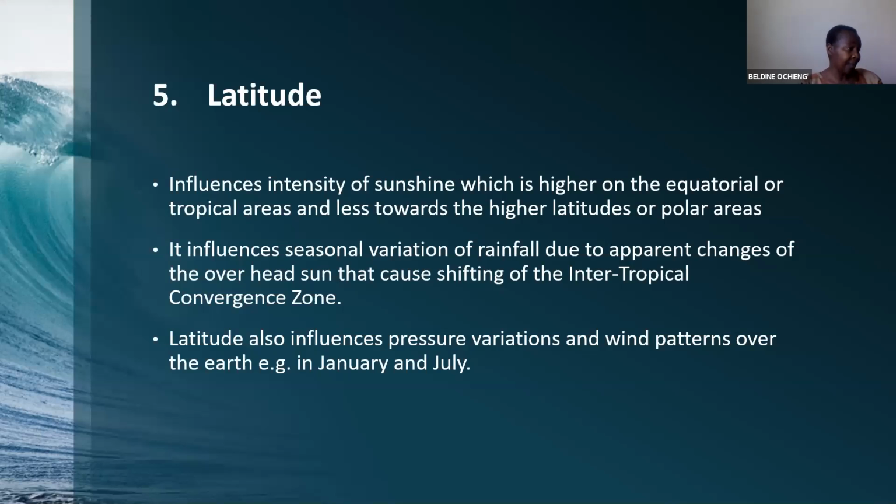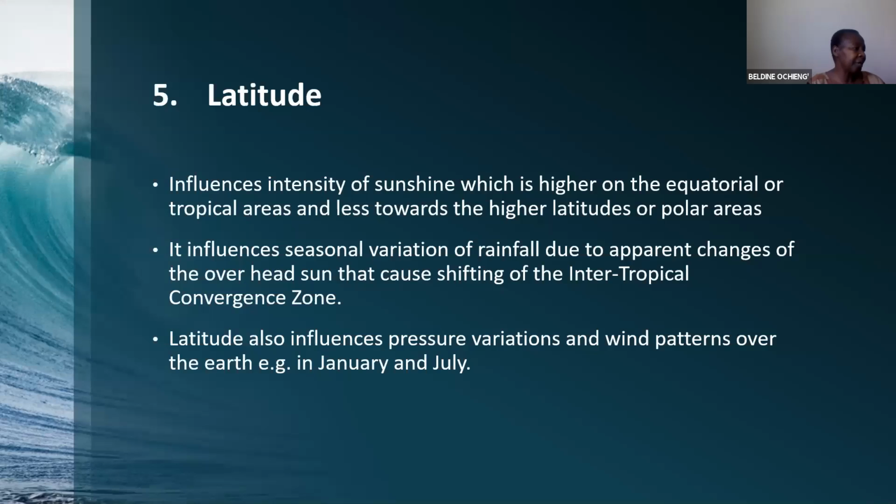Then the area covered: this is a smaller area at the equator and a wider area at the poles. So the smaller it is, the higher the intensity. And that is for our number one there.